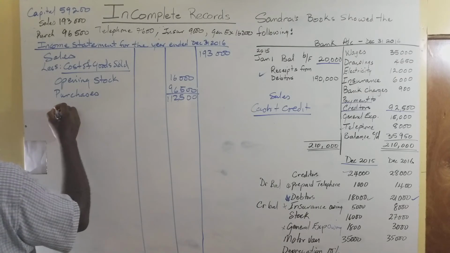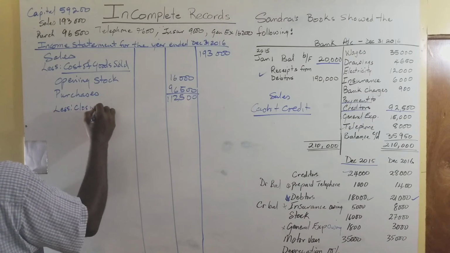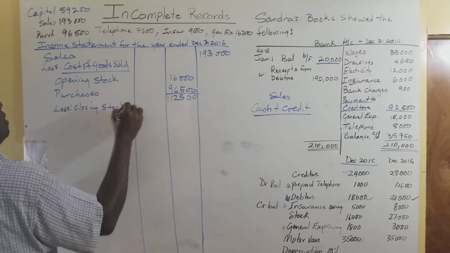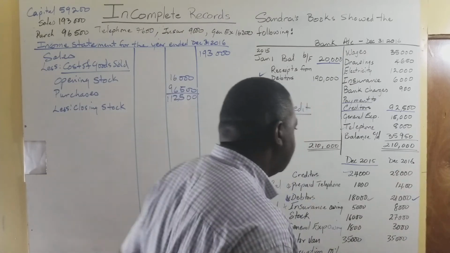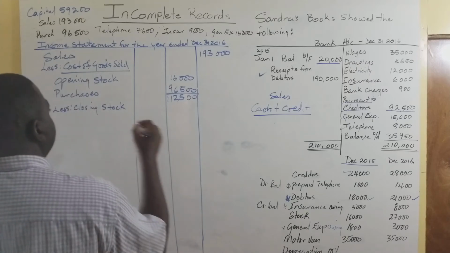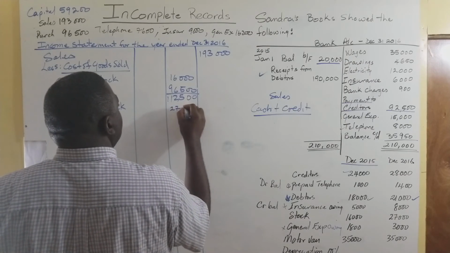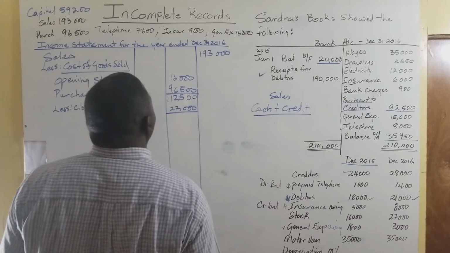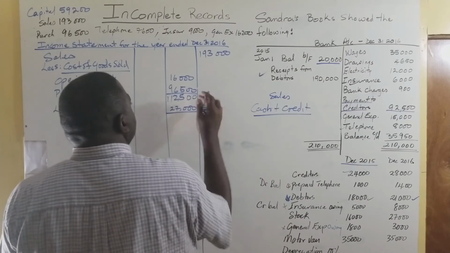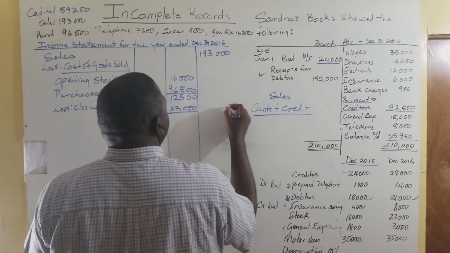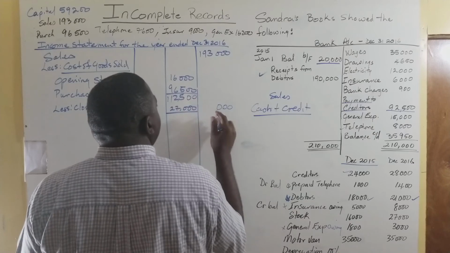So we're going to subtract our closing stock. Our closing stock would be this stock over here for 2016, and that is 27,000. All right, so we're going to subtract 27,000 from that. Yes, and we're looking at what now? So that's not true.